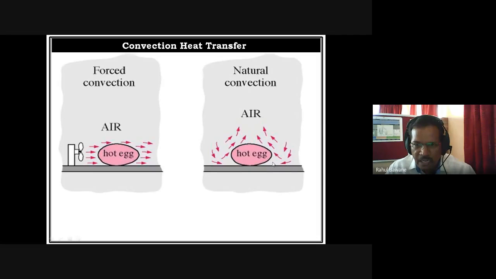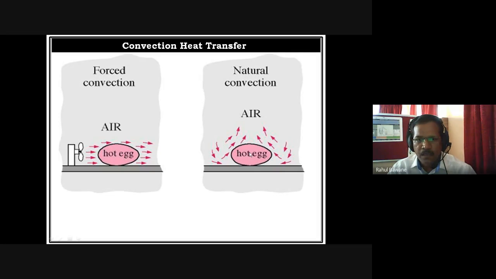So this will flow continuously, and heat is continuously carried away from the hot egg until the egg and the surrounding air temperature come to equilibrium. This continuous air motion due to density difference is called a convection current.